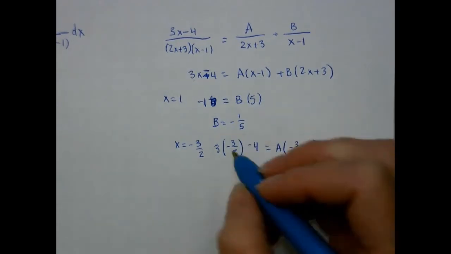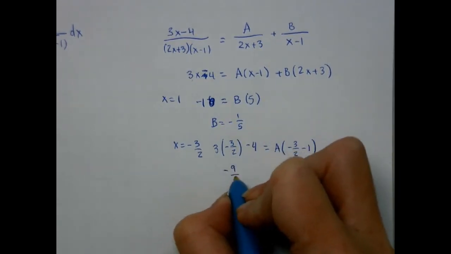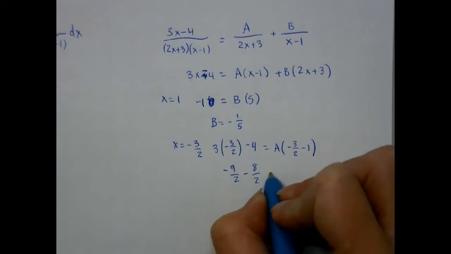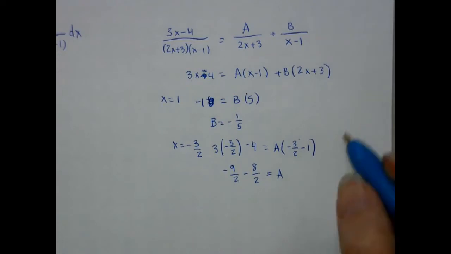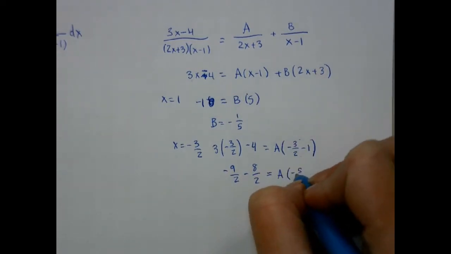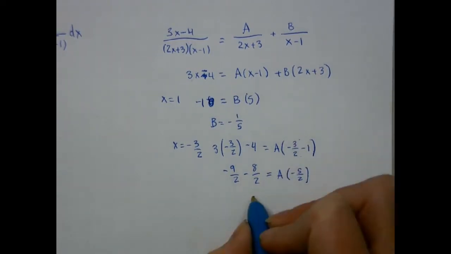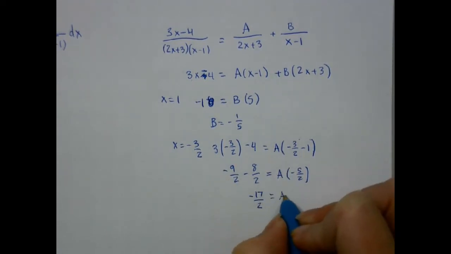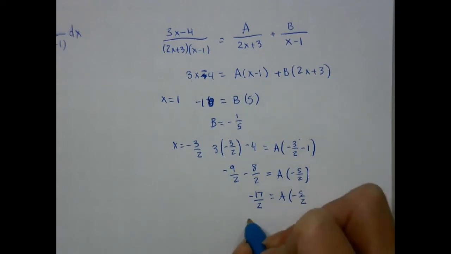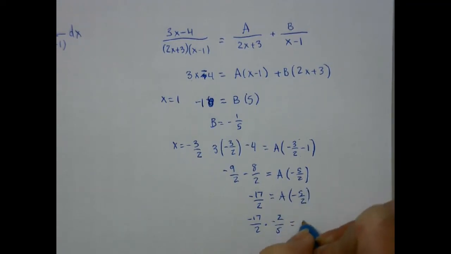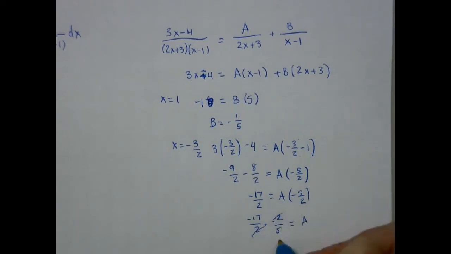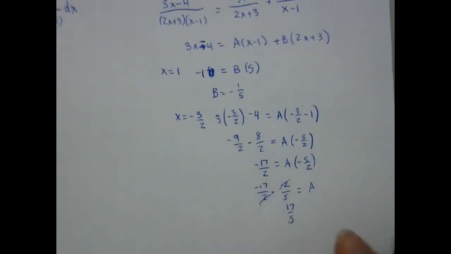So we'll have negative 9/2 minus 8/2 equals A, negative 3/2 minus 2/2 would be negative 5/2. So negative 17/2 equals A times negative 5/2. So if we multiply by the reciprocal, we end up with 17/5, which isn't all that pretty, but it's fine.